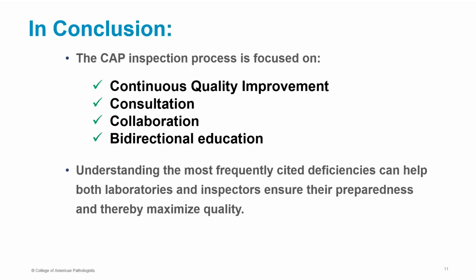And so in conclusion, the College of American Pathologists inspection process is focused on 1, continuous quality improvement, 2, consultation, 3, collaboration, and 4, and very importantly, bidirectional education. Understanding the most frequently cited deficiencies can help both laboratories and inspectors ensure their preparedness and thereby maximize quality.